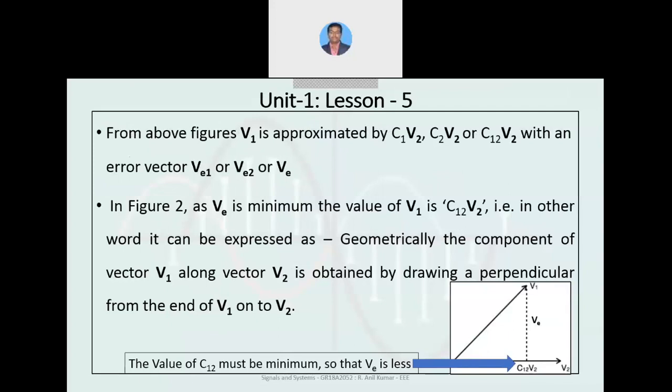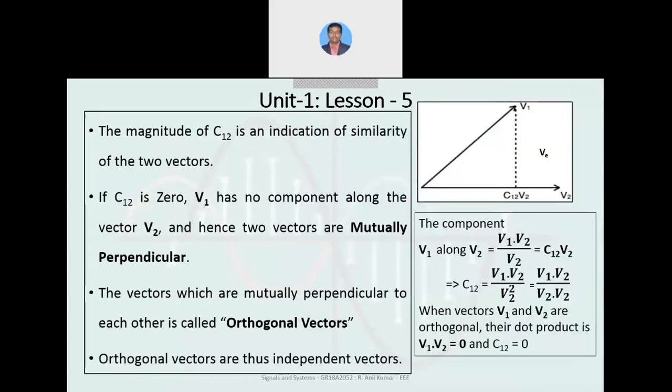So from this condition itself, we mention that ve is minimum for figure 2. In this way we are expressing less error with respect to two vectors, and the orthogonal condition will match this one only.